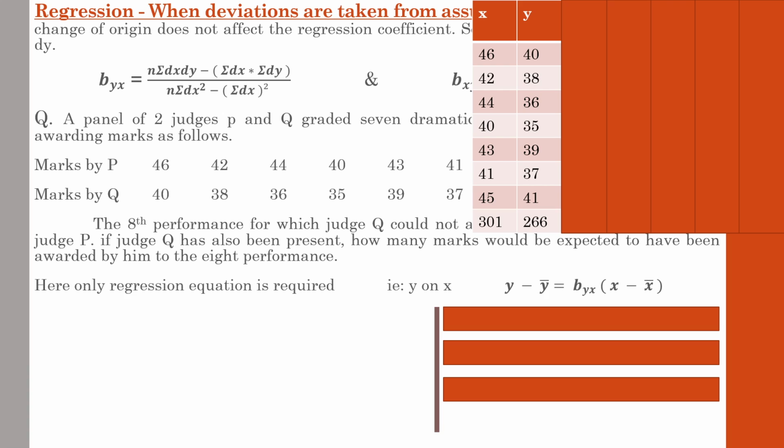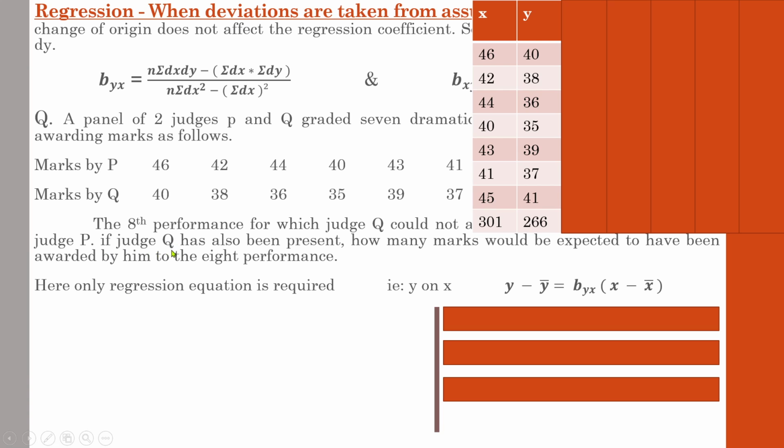Here only one regression equation is required, because in the question there is no mention of identifying the 2 regression equations. You are asked to find the marks given by Q if he was present, and the marks of P are given.